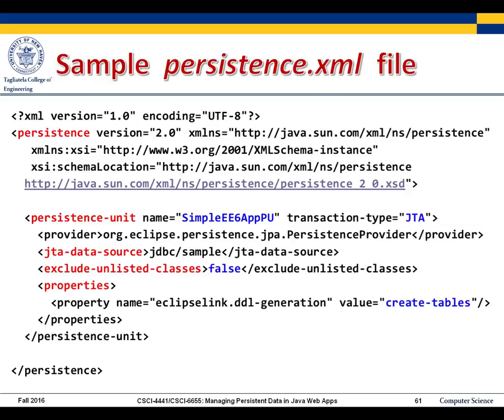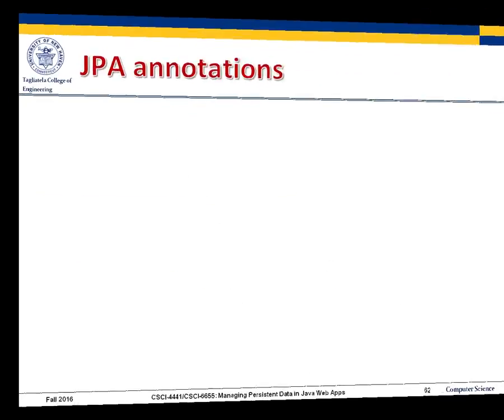It's just a test kind of database. You notice it says create tables. So the very first time when it saw the entities, if this samples database didn't exist already, it would actually have created the tables for you. And they would, of course, be empty, but they would be there.